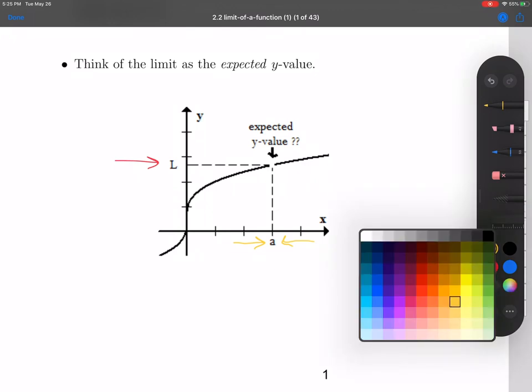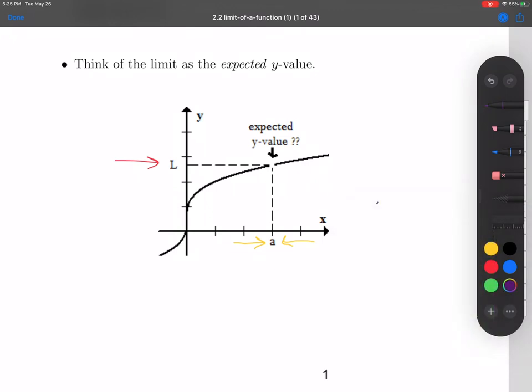So for instance, let's do this in purple. Let's say I chose an x value here. It's not super close to a, but it's on the left-hand side of a. And then I figured out where it hits the graph, and then I figured out the y value that pertains to it, being right here, right?